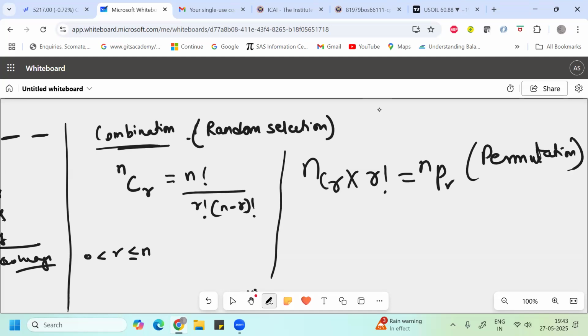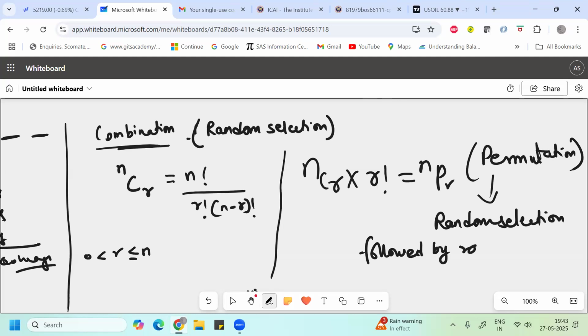So permutation is basically random selection followed by random arrangement. So from n objects you selected the r objects, and those objects you get, if you arrange them randomly, then what you get is called permutation.